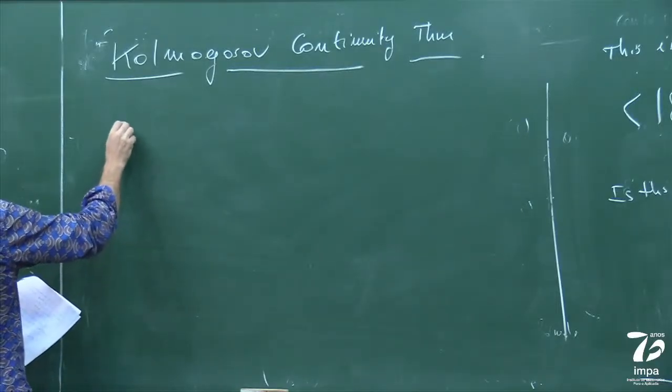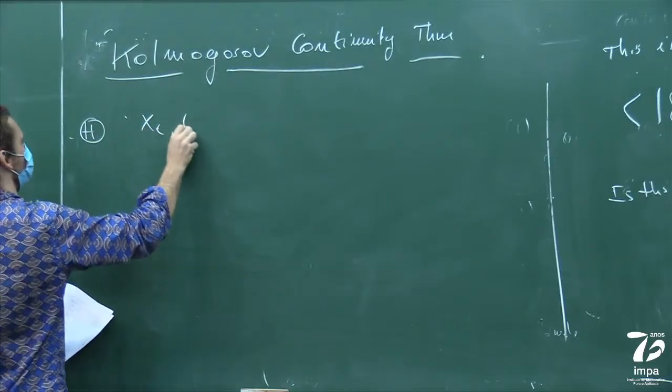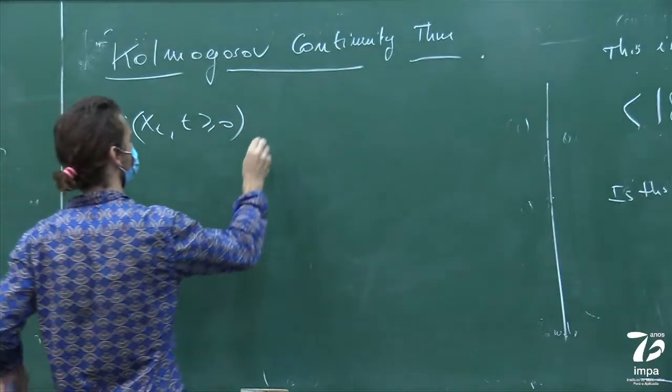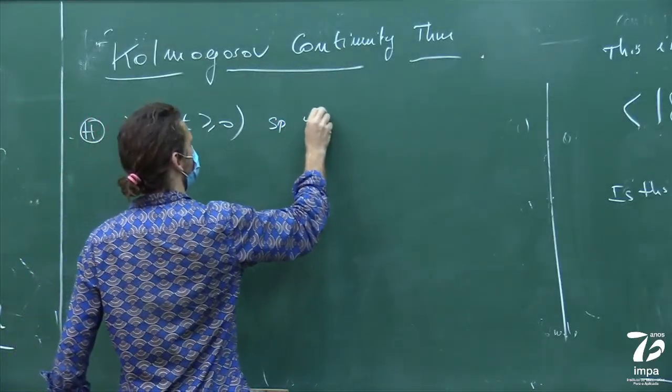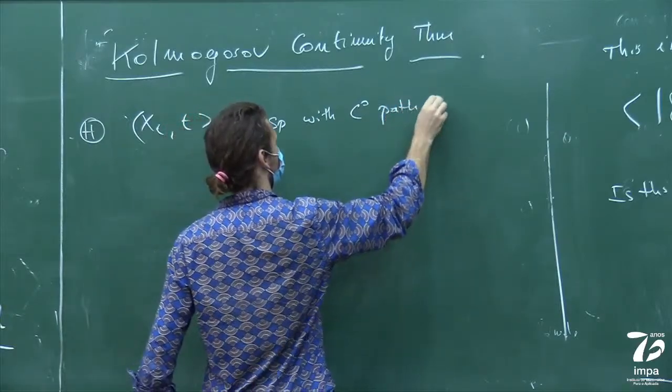Basically, the hypotheses are the following. You take X_t, a stochastic process with a continuous path, almost surely.